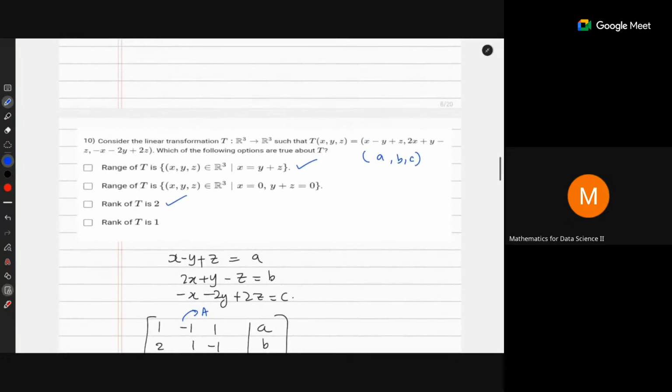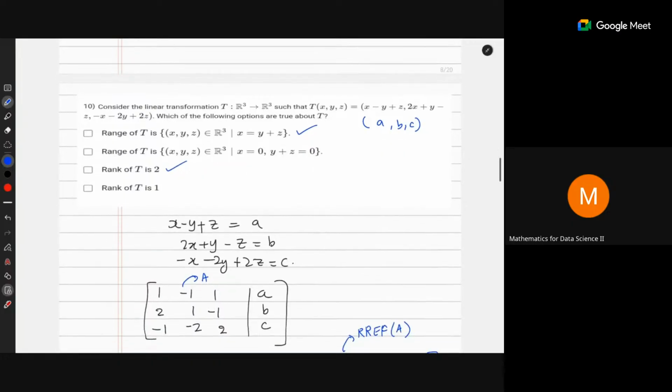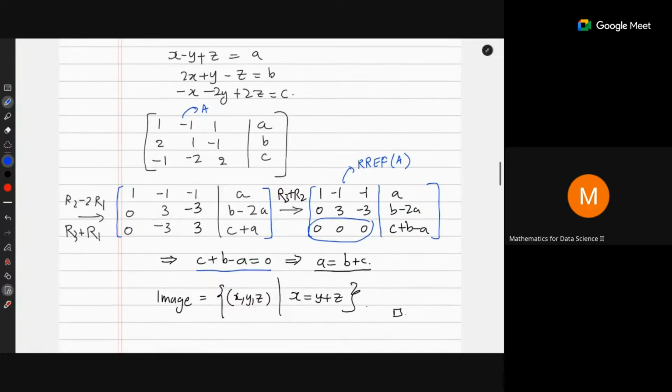You can obtain everything because the rank of T is equal to the dimension of the codomain, so you don't need to do all these things. This will only work if there is a nullity. Whenever you have a nullity, then you need to determine the exact subspace. Otherwise, you don't need to.